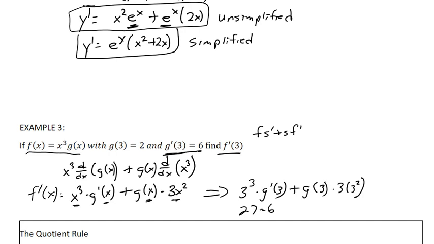Plus g of 3, they told us, is 2, and again multiplying 3 times 3 squared is again 27. So we have 27 times 6 plus 2 times 27, which is 27 times 8, which turns out to be 8 times 7 is 56, carry the 5, 8 times 2 is 16, 216. So that would be f prime of 3.